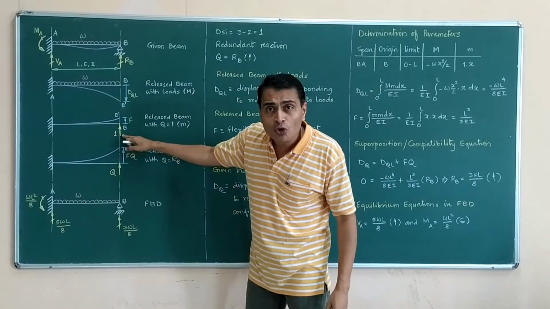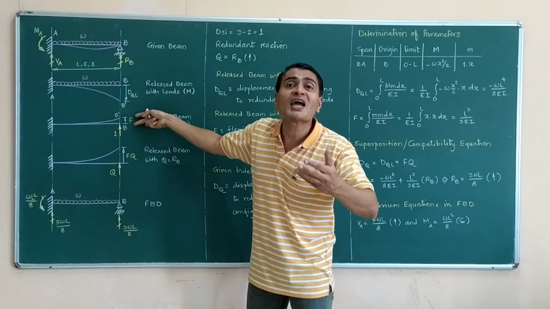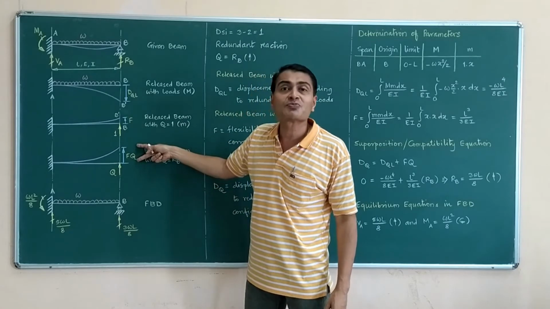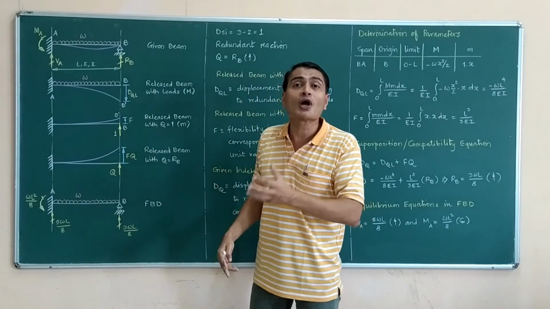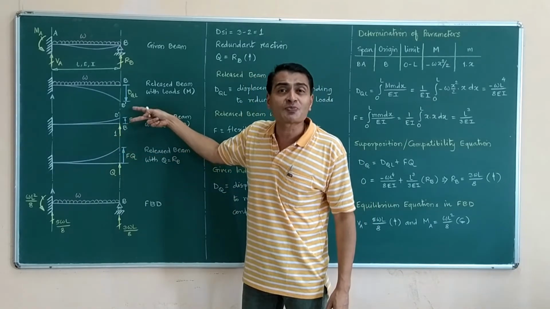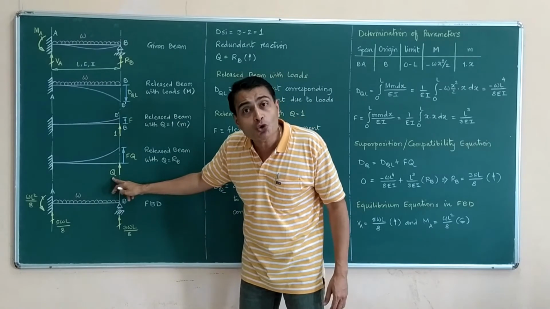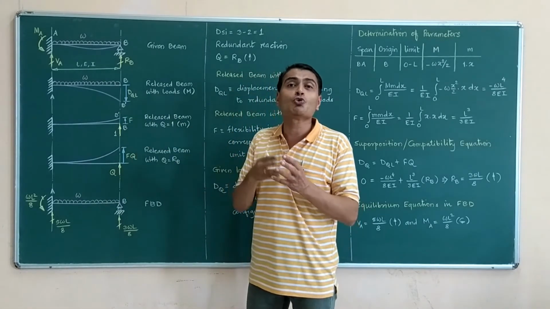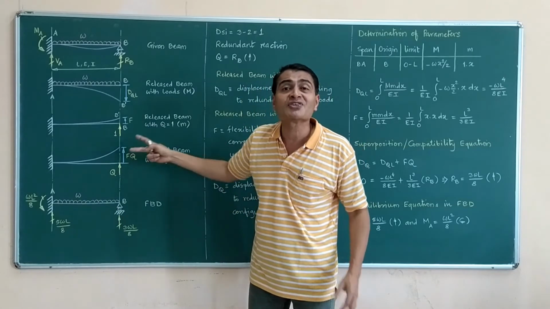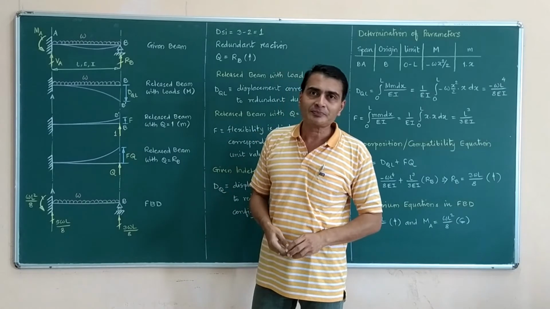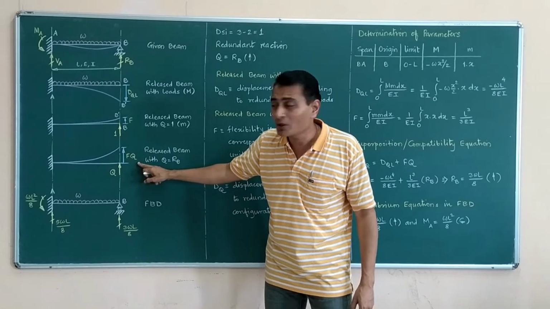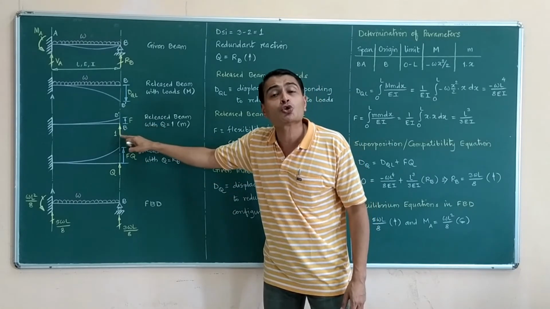Because of unit load, if I get a displacement of F, because of Q, I will get displacement of F into Q or Q into F. Because of 1 newton, if F is my displacement, because of Q newtons, my displacement will be Q into F or F into Q. That is why this displacement I have shown as F into Q. So I am sure this diagram and this diagram you have understood why this is called as F, because load is 1.